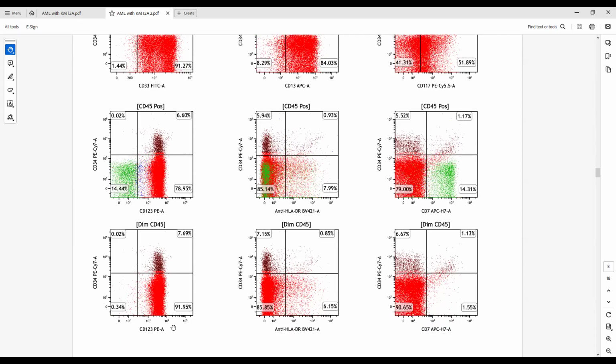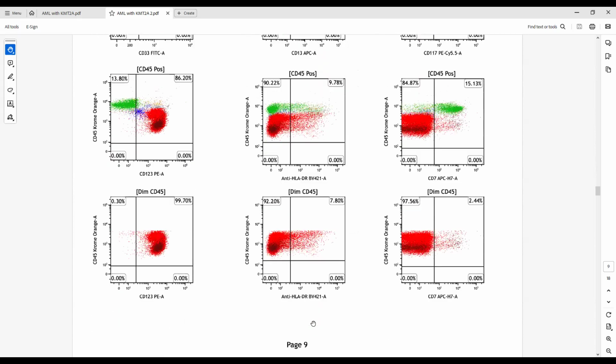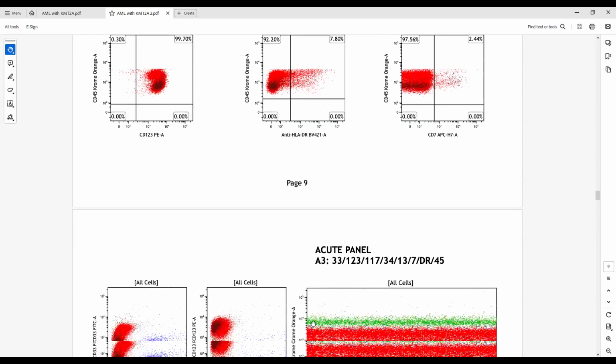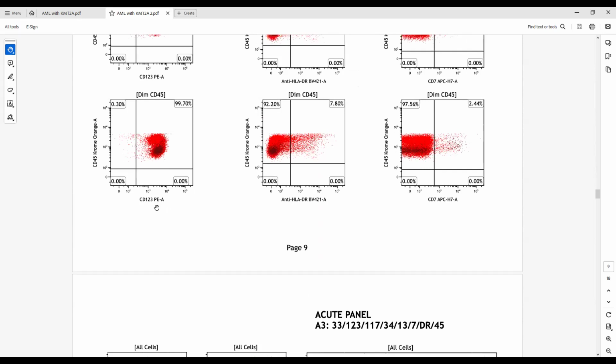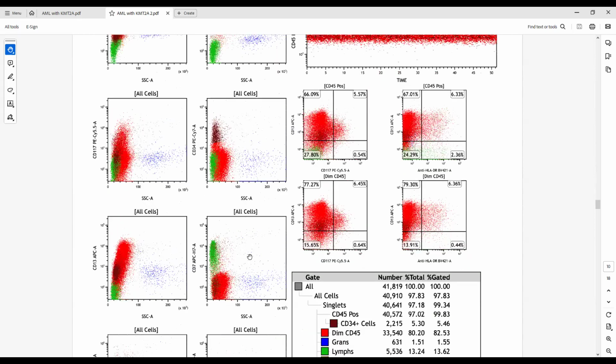CD123 is positive in almost all of the cells, and this is important because CD123 can be targeted by targeted therapy. HLA-DR is negative, and CD7 is negative. Here our CD123 is positive in about 99.70% of our blasts.